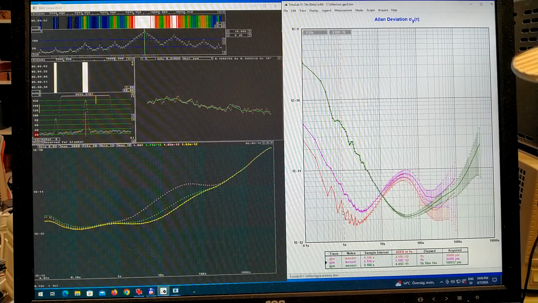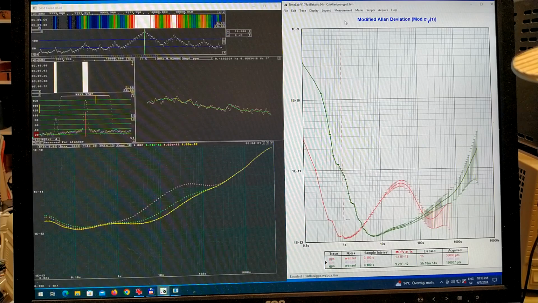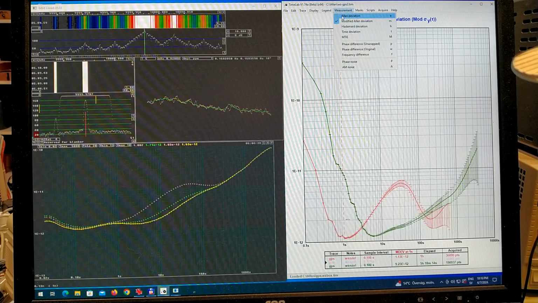The selected trace, if I remove that, we can see this structure. I can then look at the modified Allan deviation, which should filter out things close to the carrier, and then it becomes much better. There is some kind of problem here.